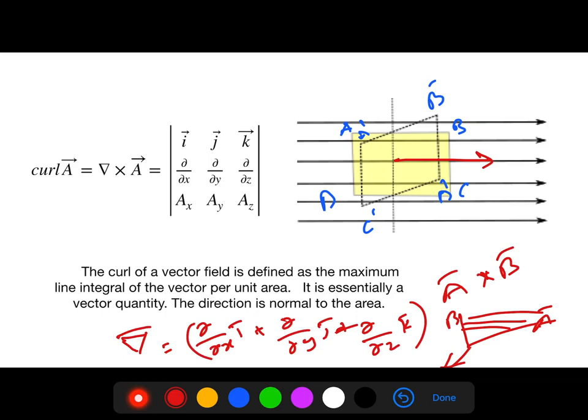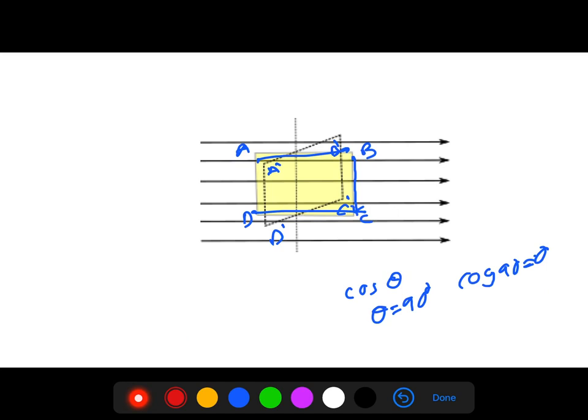So, finally, we have derived this. Here we have to remember that the line integrals along AD and BC are 0. So, line integrals perpendicular to the field direction are zero, AD and BC are zero, while the line integrals along AB and CD are not 0.